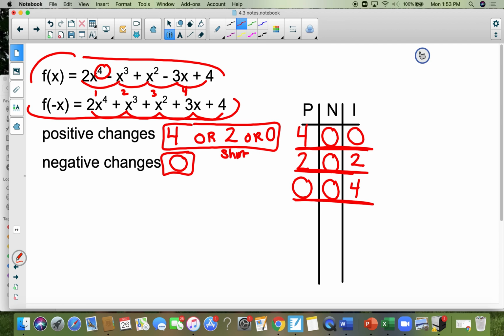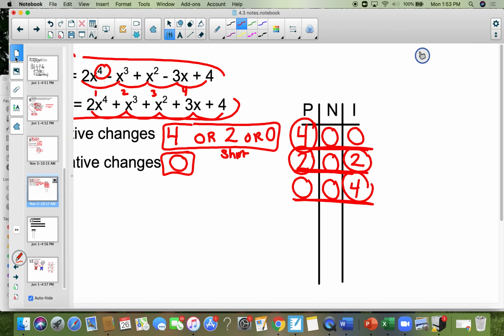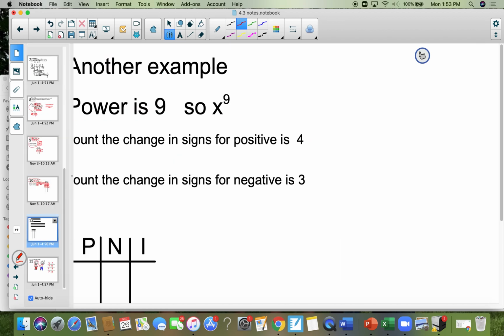One of those 3 choices is right, is what Descartes says. He's predicting one of those 3 options is right for the 4 answers. There could be 4 positive answers, there could be 2 positives and 2 imaginaries, or there could be all imaginaries. This is called Descartes.